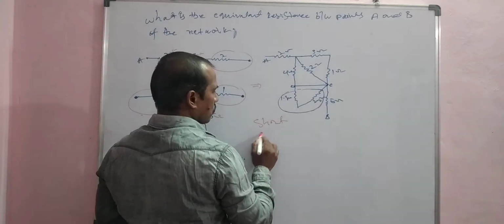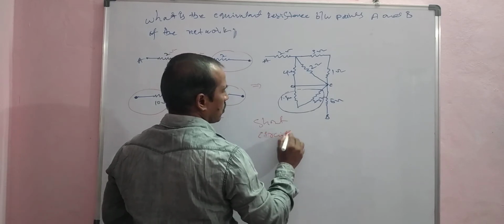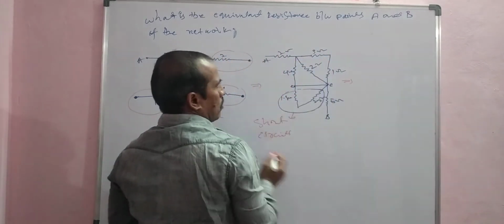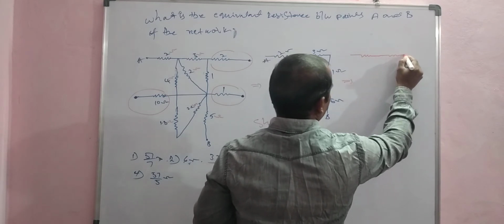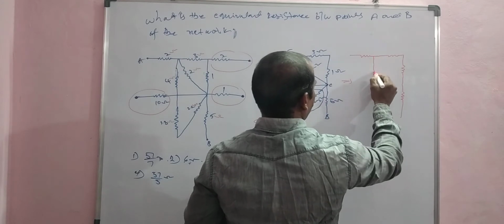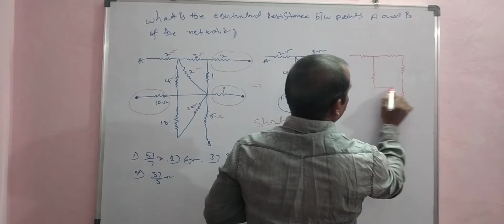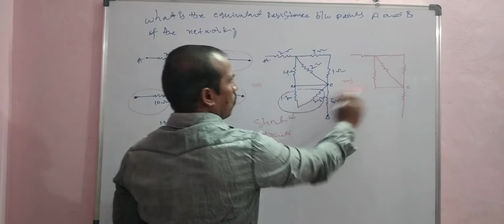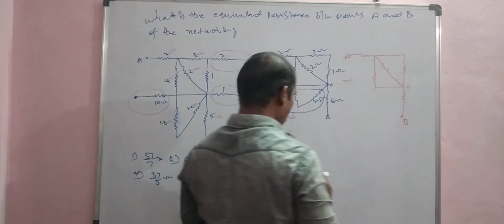So the equivalent circuit remaining is this one, with the C point, between B and A.